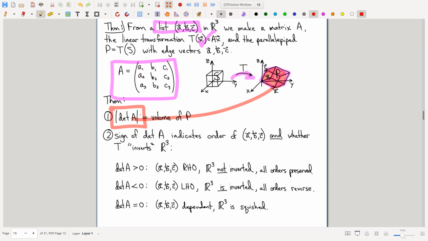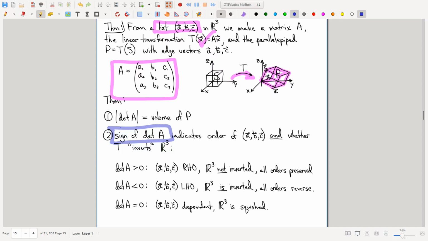And the sign, plus or minus, is telling you about whether your original list is, thinking about the analogy, right-handed or left-handed, about whether your parallelepiped, looking at those edges, is right-handed or left-handed, and about whether your transformation turns right hands into right hands?